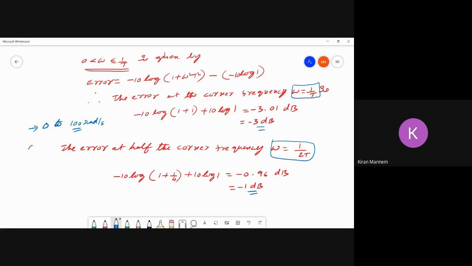Here some corner frequency 50 radians per second, so at 50 radians per second you have 3 dB, and half of the frequency, at omega equal to 25 radians per second, it would be 1 dB. That's why we took half the corner frequency. So we continue this class.